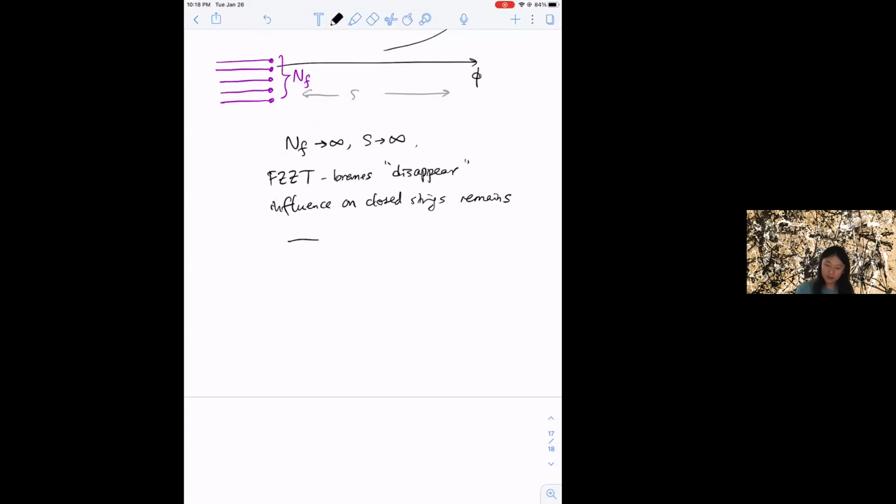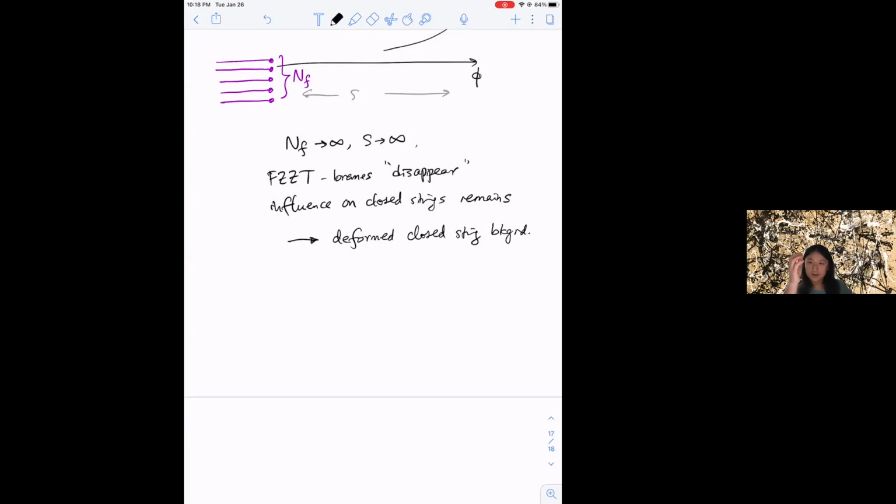So this will lead to some kind of deformed closed string background. Okay, so it turns out that this nice limit can only, as far as we understand, be obtained if you work at finite temperature, for the reasons that I'll explain shortly.